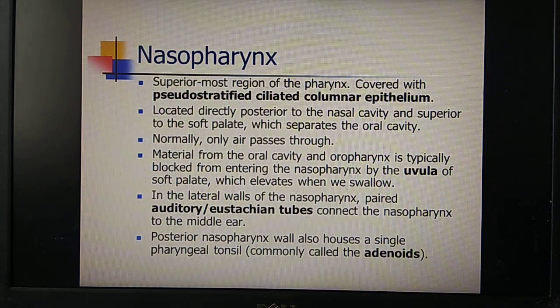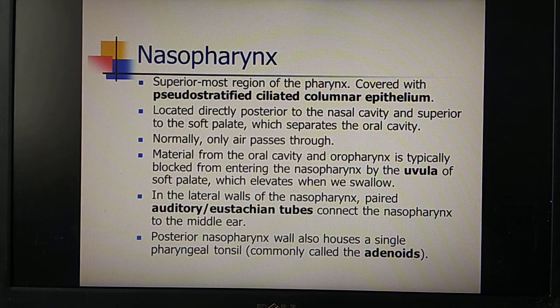So the nasopharynx usually includes the superiormost pharynx, covered with pseudostratified ciliated columnar epithelial tissue, and is located directly posterior to the nasal cavity and superior to the soft palate, which separates the oral cavity.